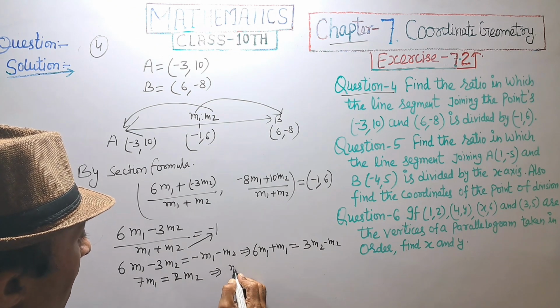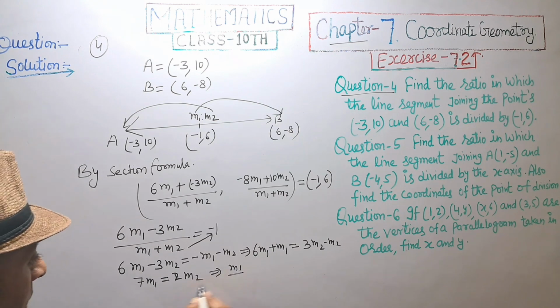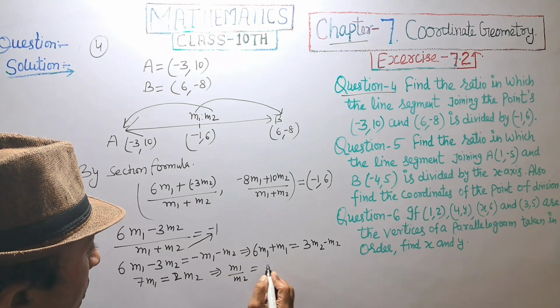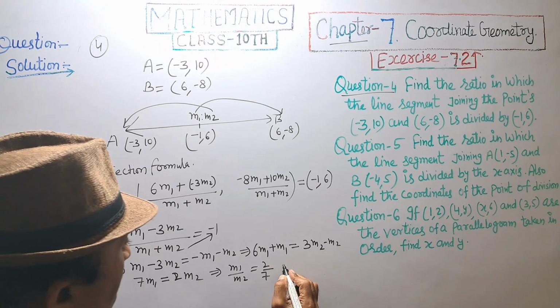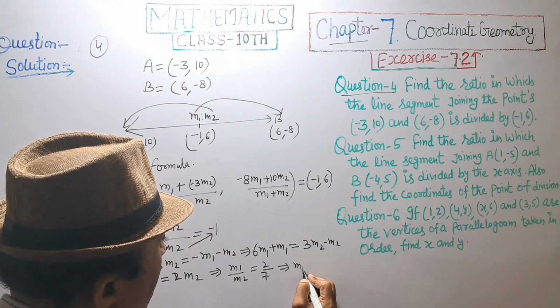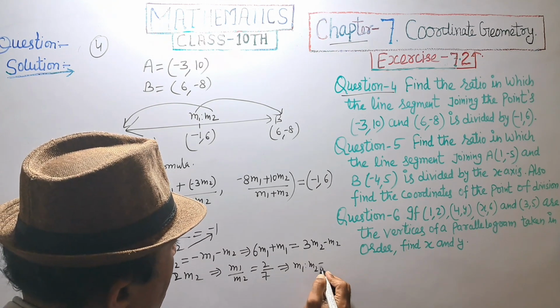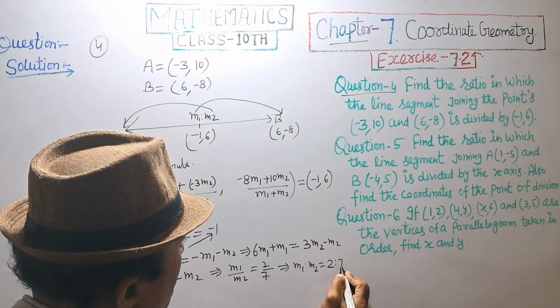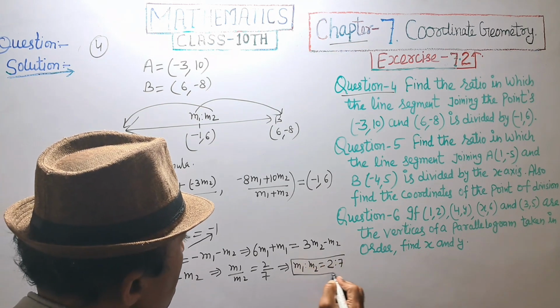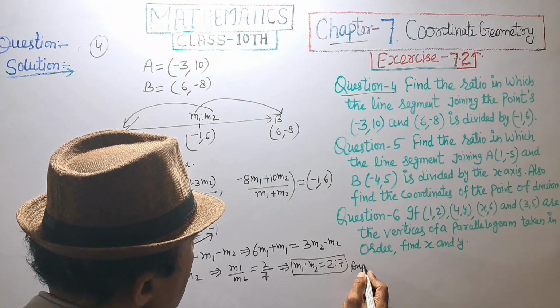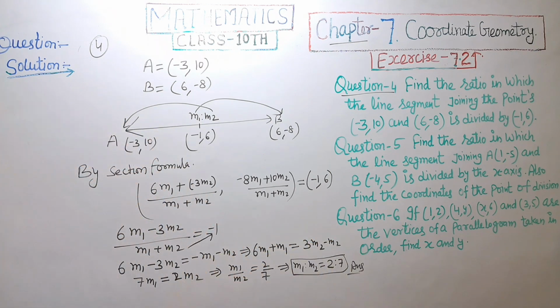This implies M1 divided by M2 is equal to 2 divided by 7. So M1 ratio M2 is equal to 2 ratio 7. Answer.